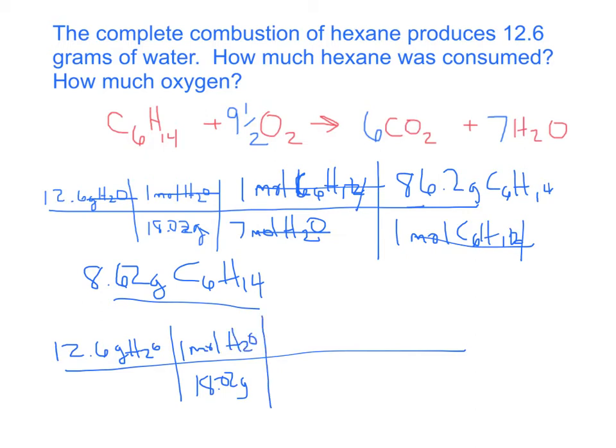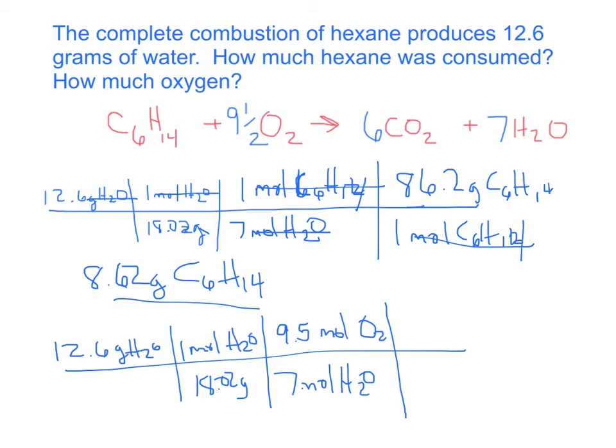But now the mole ratio is a little different here. 7 moles water equates to 9.5 moles of O2. And it's okay on the diatomic ones to use halves, although we tell you not to. You will see it that way. It's technically improper, but it works. It gets you to the same place.